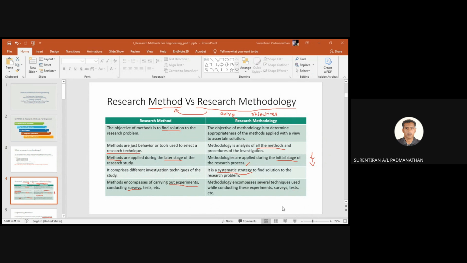Oh, my slides don't change. Which slide are you guys seeing now? Research method versus research methodology. Okay. Now I already changed the slide. Can you see the change, or is it still the same slide? It is still under research method versus research methodology. Okay.